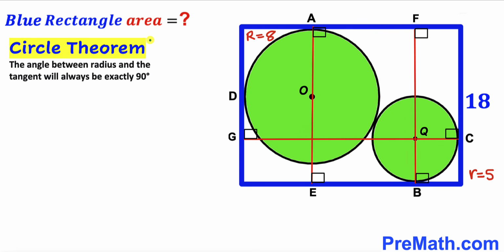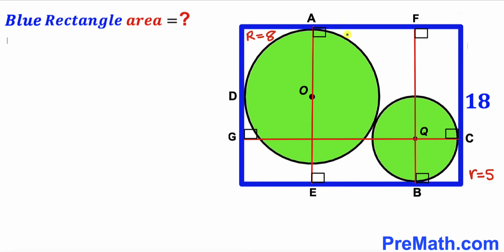Now let's recall the circle theorem. According to this theorem, the angle between the radius and the tangent line will always be exactly 90 degrees. So no wonder all these angles are going to be 90-degree angles, since these are our radii and these are our tangent lines. Likewise these angles are going to be 90 degrees as well, since we are dealing with this blue rectangle. Now let's make an observation.